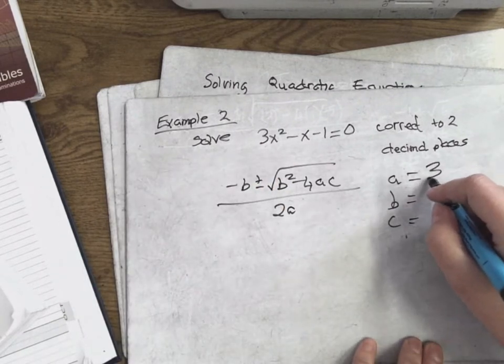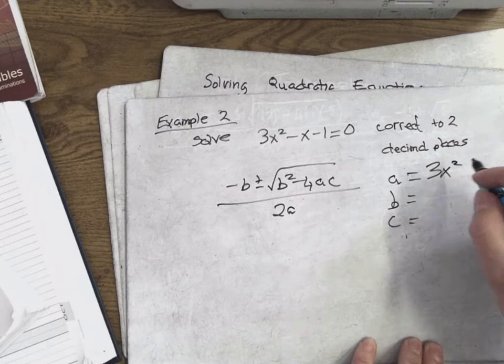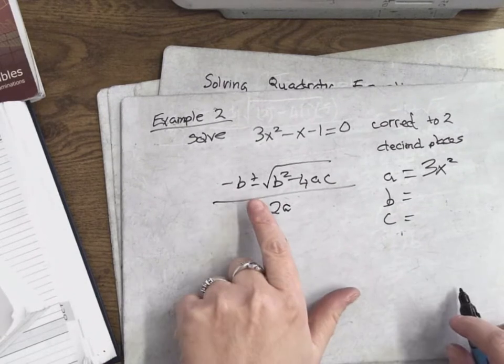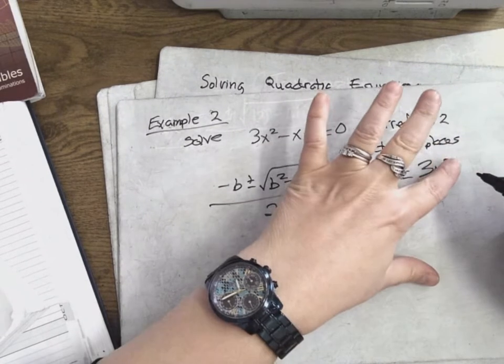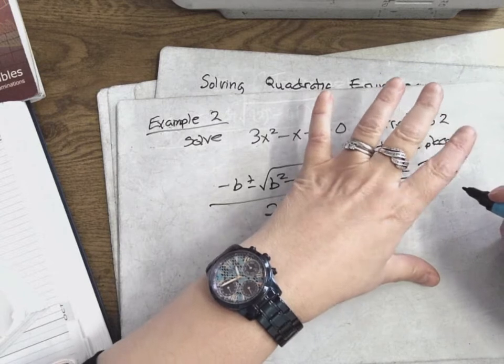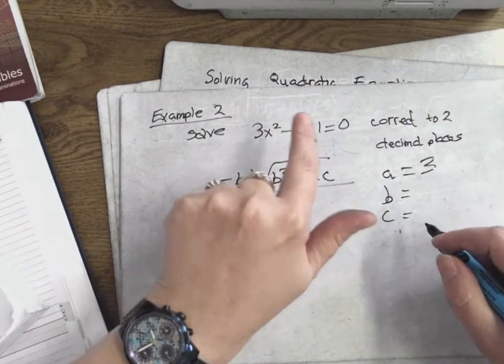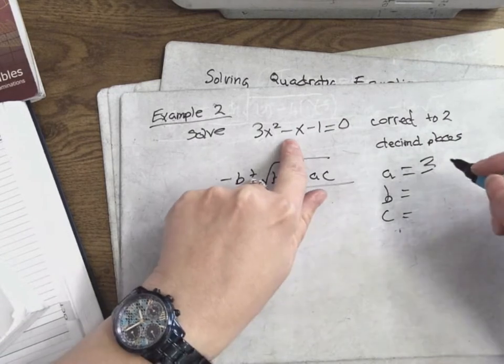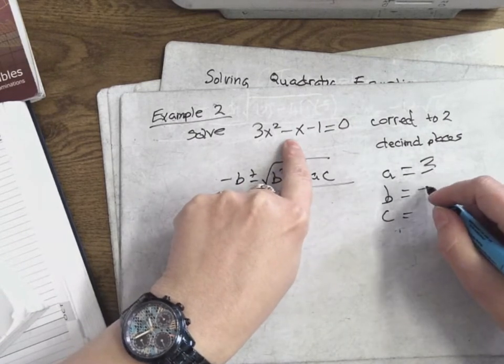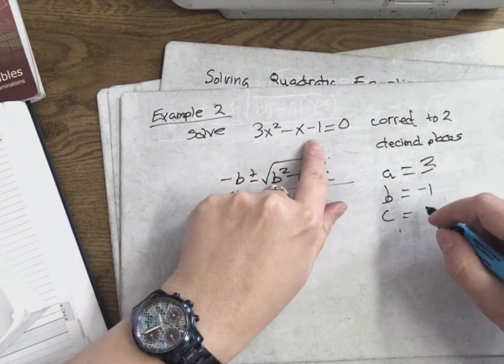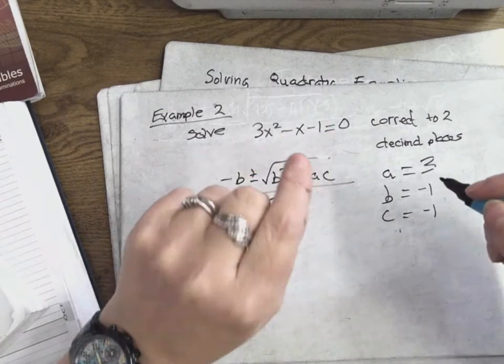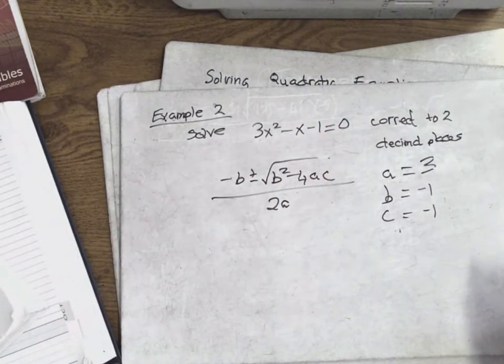This is what a lot of people do, right? And they end up with a load of x's inside there, and sure, it's just crazy, right? So it's just a number. Remember, the a, the b, and the c are just the numbers. What's b? 1. No, it's minus 1. What's c? Minus 1. So just be careful to take the signs as well.